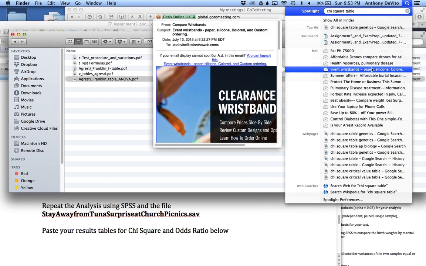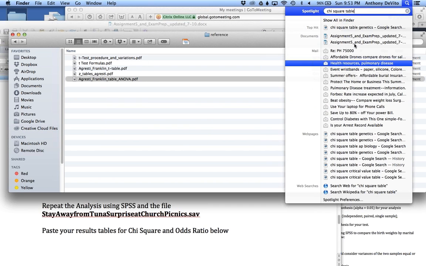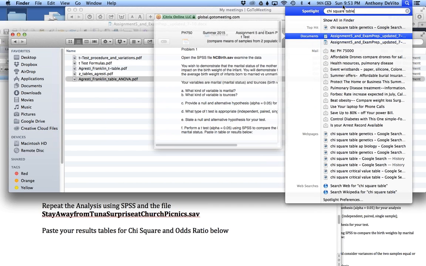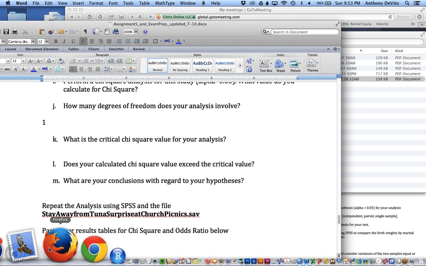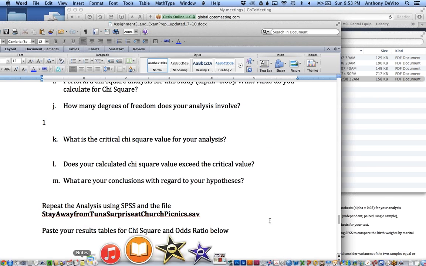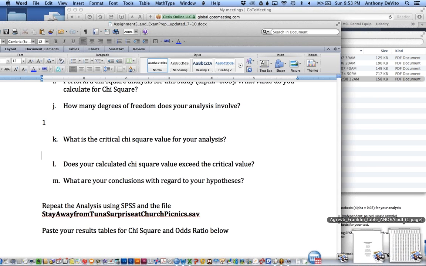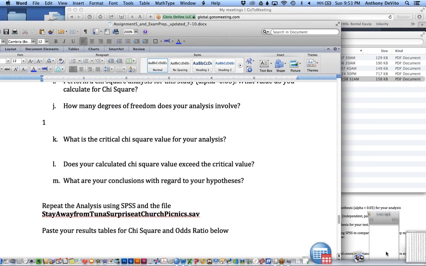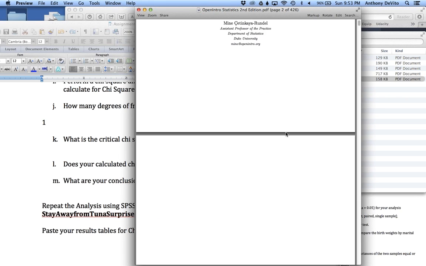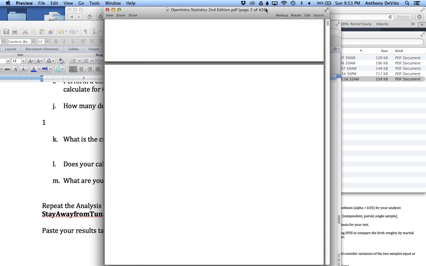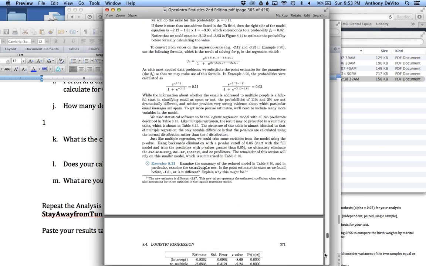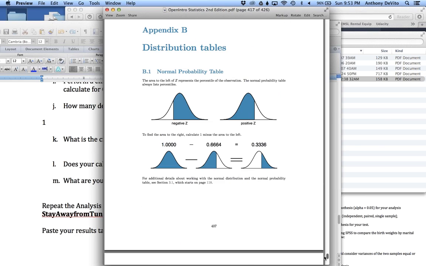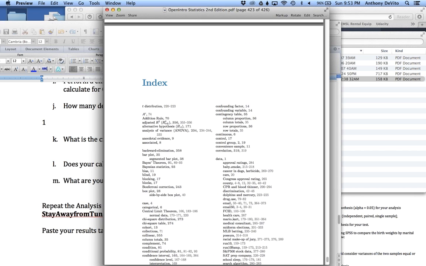I think we've been going on the web and I just never bothered to save it. Actually, let me see. I have the textbook open here. Let's look at the tables. I think we have a bunch of tables at the back here.